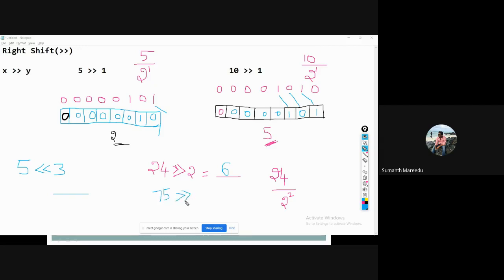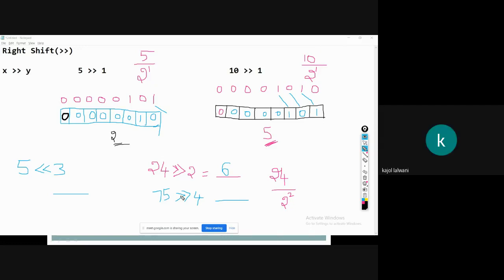Okay, 75 right shift by 4. Calculating. 75 divided by 16. 4.6 something, it is coming as a decimal. Why decimal? 75 divided by 2 power 4.